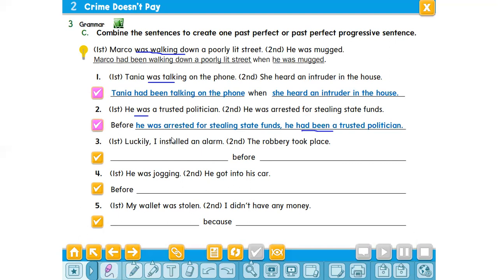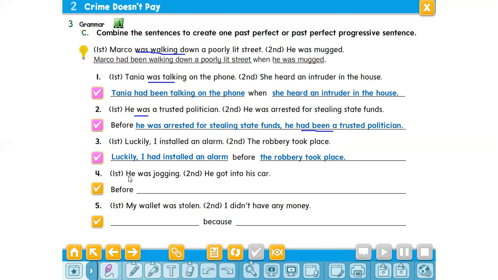Past perfect or past progressive tense? Excellent. Past perfect. So, luckily I had installed an alarm, had installed, past perfect, had plus past participle, an alarm before the robbery took place.